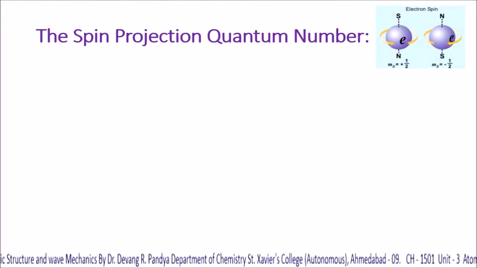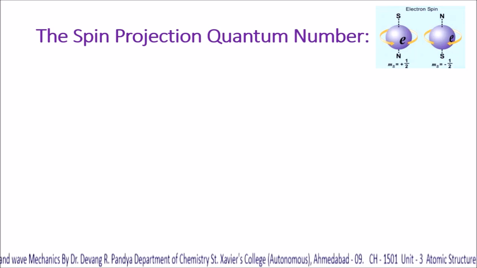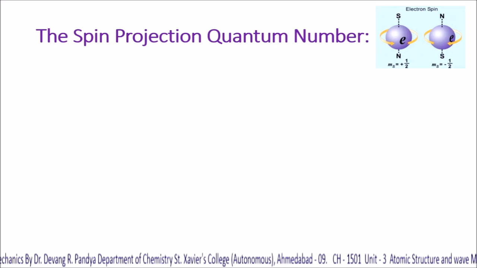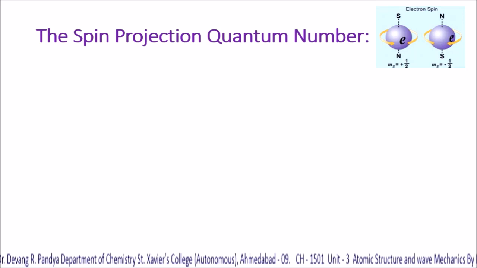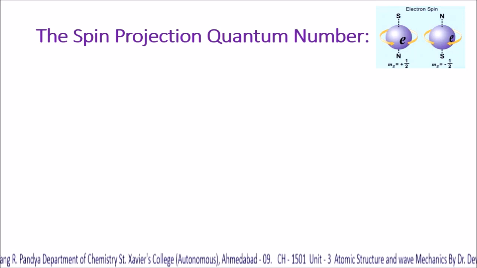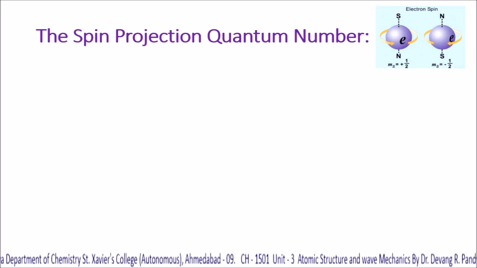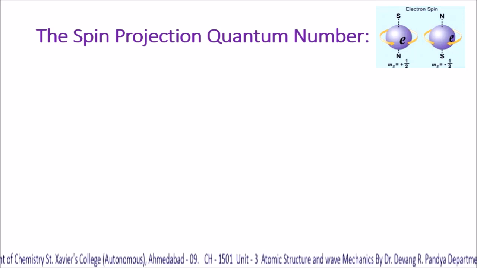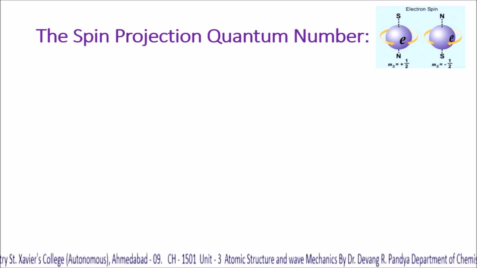The spin projection quantum number, or spin quantum number, was defined by Goudsmit and Uhlenbeck. What they did was take a strong magnetic field and pass a stream of hydrogen atoms through it, because hydrogen contains a single electron. They wanted to know whether the electrons in different hydrogen atoms have similar spin or different spin.